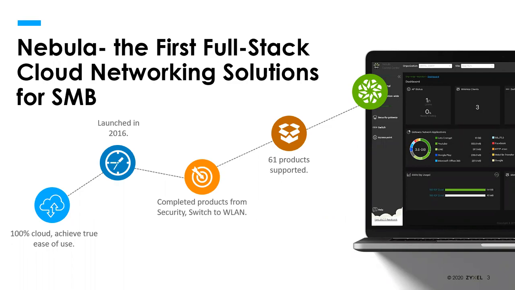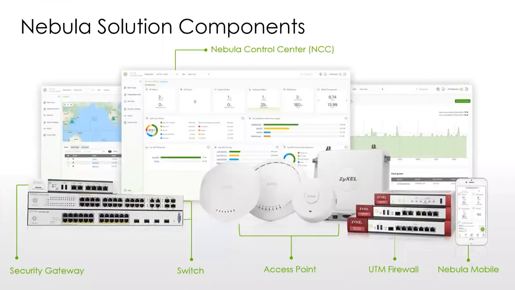The components that make up Nebula: we have what's called Nebula Control Center, NCC. You'll see that abbreviation a lot. That is the cloud portion of Nebula, the interface that you use to manage your products through Nebula. Then we've got the hardware itself: security gateways, access points, our ATP and USG Flex series, and our switches.